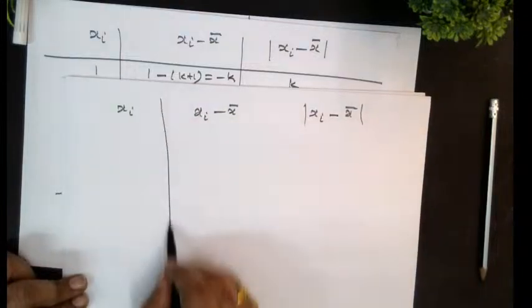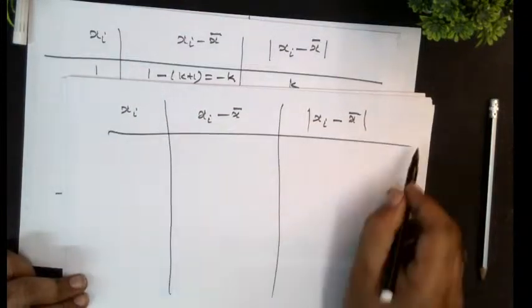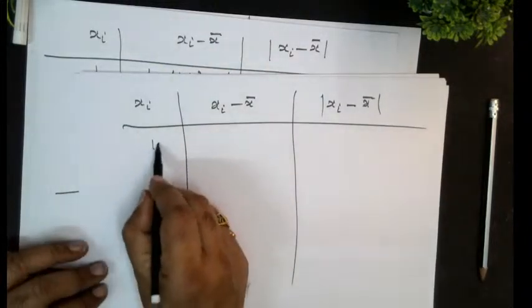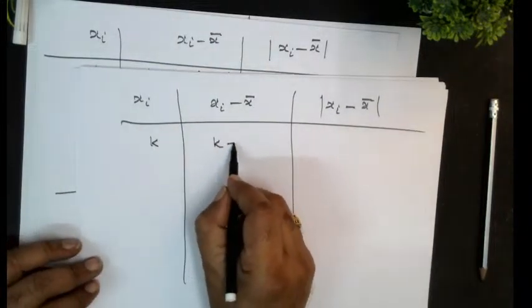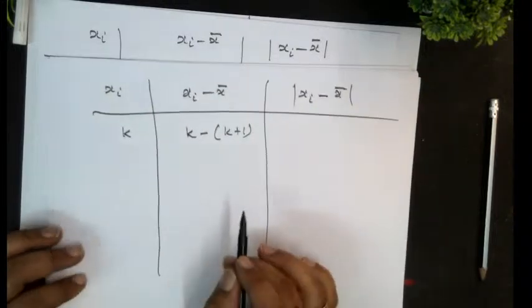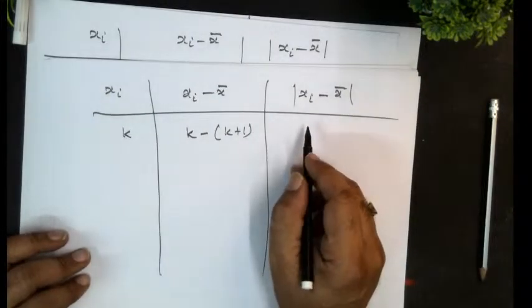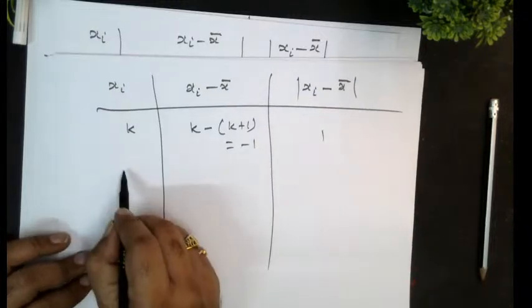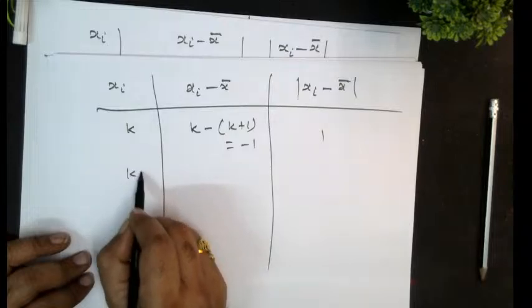Okay, proceed. So we have written k minus 1, then proceed with the k. What is that? K minus, open the bracket, k plus 1. So it is 1 minus 1, so it becomes 1. Then k plus 1.